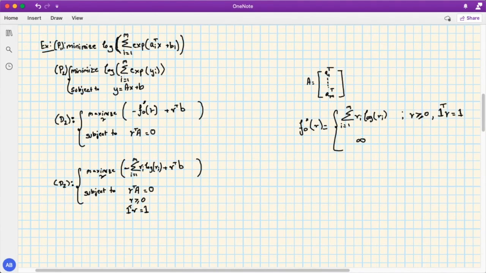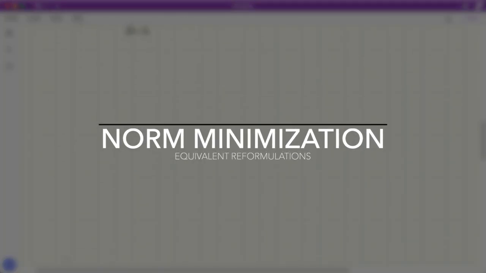So this is one example. Another really interesting example could be when you're minimizing a norm. This is more ubiquitous, I would say, because everyone has seen this problem at least once in their career.